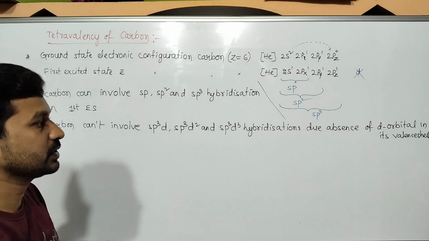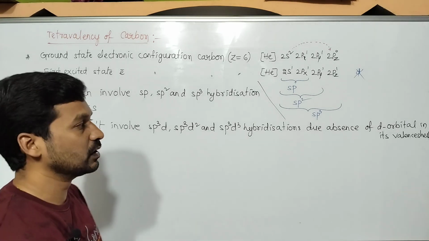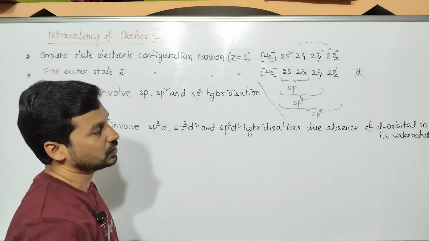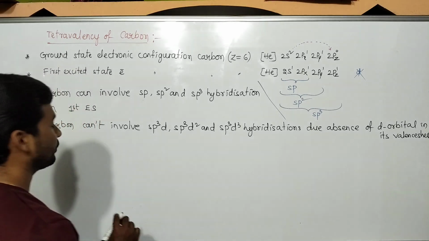Due to the absence of d orbitals in its valence shell, carbon cannot involve d orbitals in its hybridization.